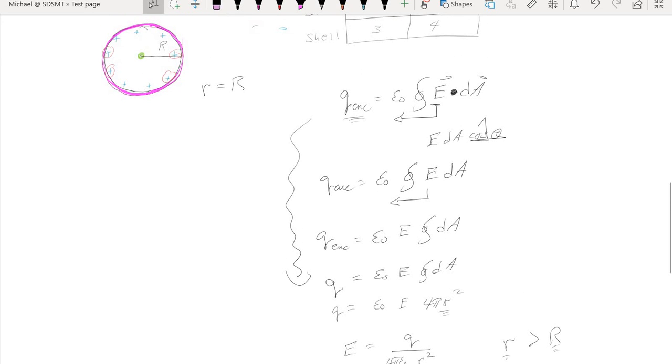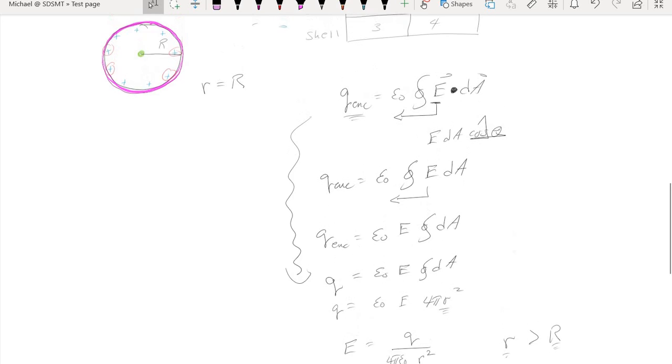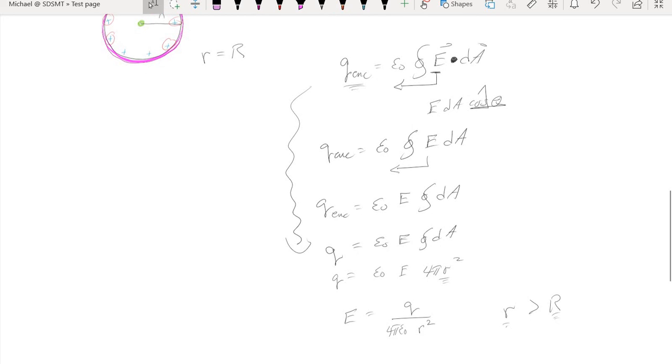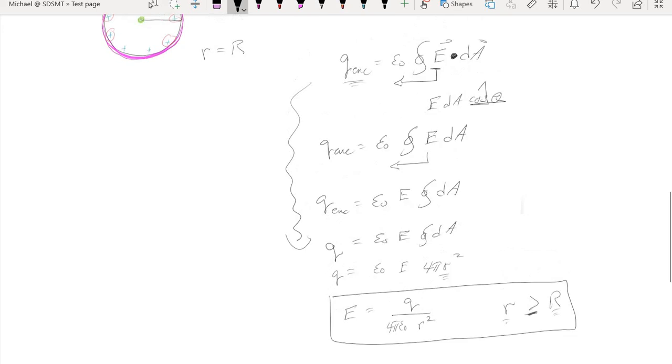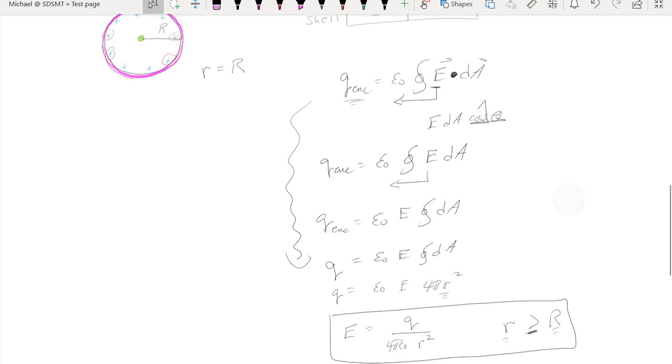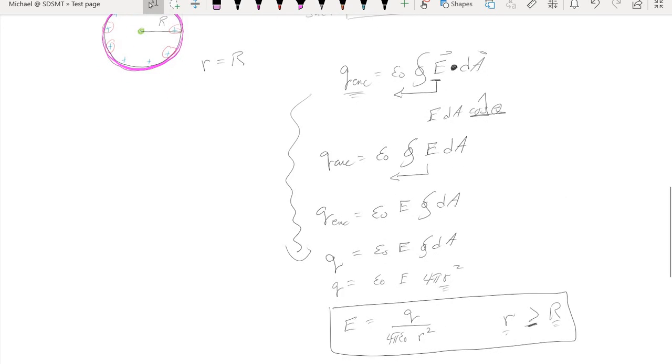Now we're talking about having a container that has a radius that is no longer larger than the radius of the charged sphere, but equal to. And so this charged sphere will still act like a point charge as long as we are outside of it.